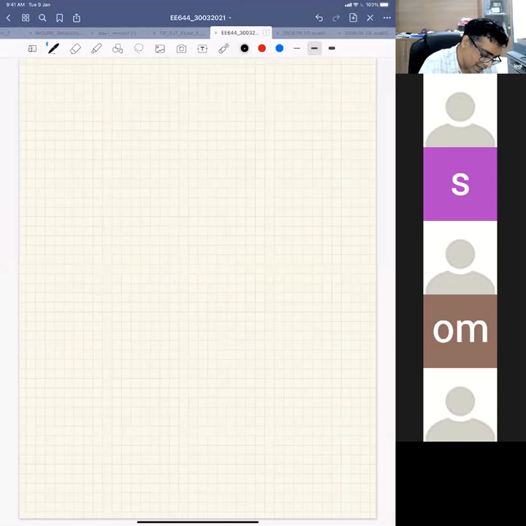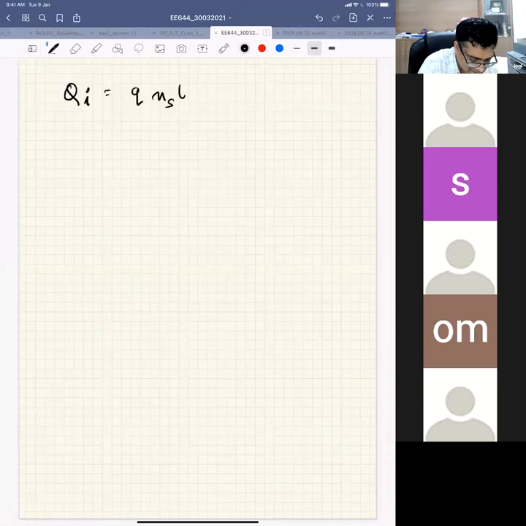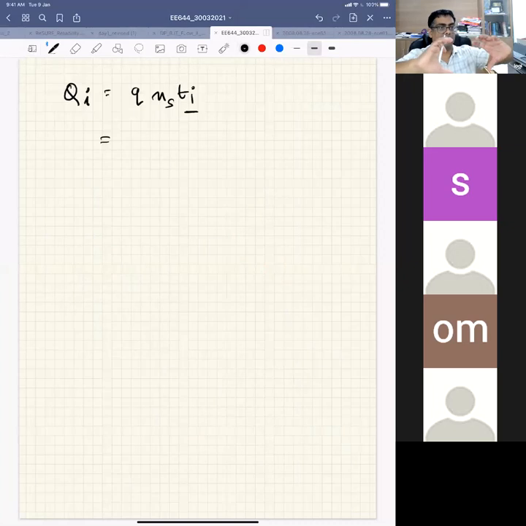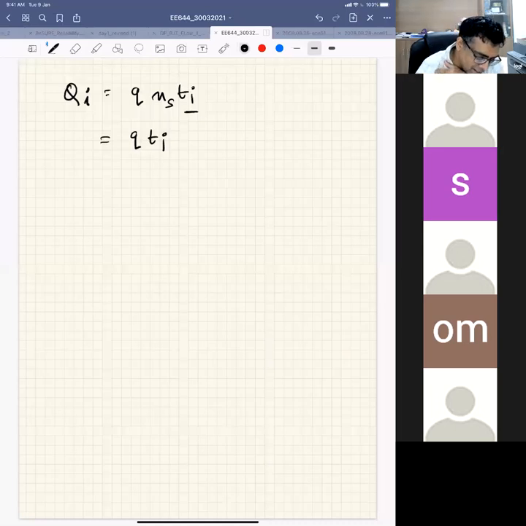Now the inversion charge Qi is Q times Ns times Ti. Because the electrons are accumulated at the surface, Q and Ti are almost constant, since the inversion thickness is very small.